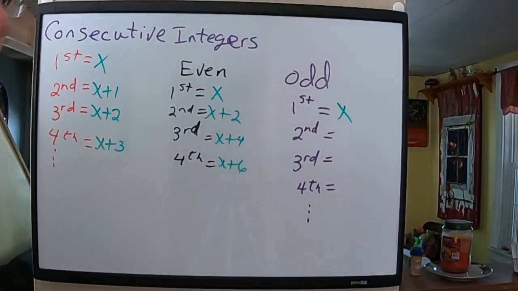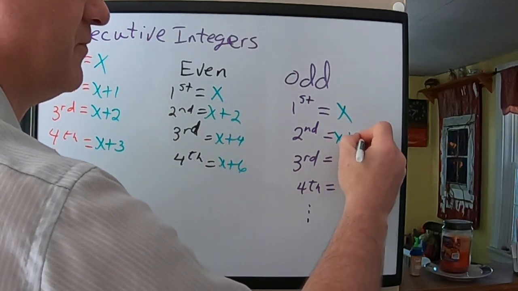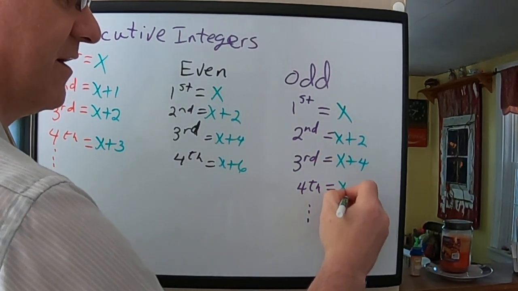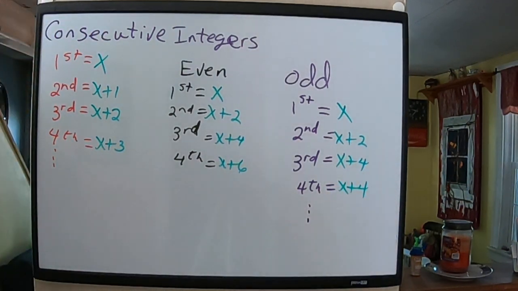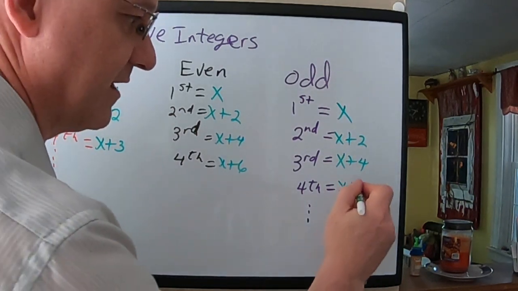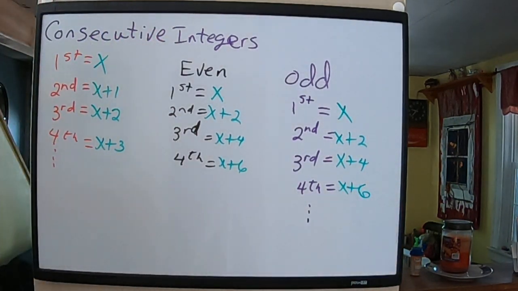If x were an odd integer, let's say it's 5, the next odd integer is 7. That's 2 away. So it's done the exact same way as the evens. Now, you can see that even numbers are 2 apart, odd numbers are 2 apart. That's the reason.